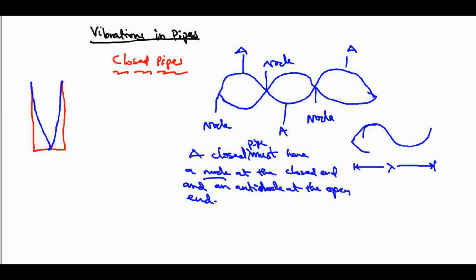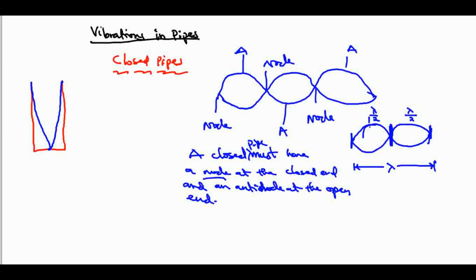If I divide it in two, I would have that this is lambda over 2 and this is also lambda over 2.